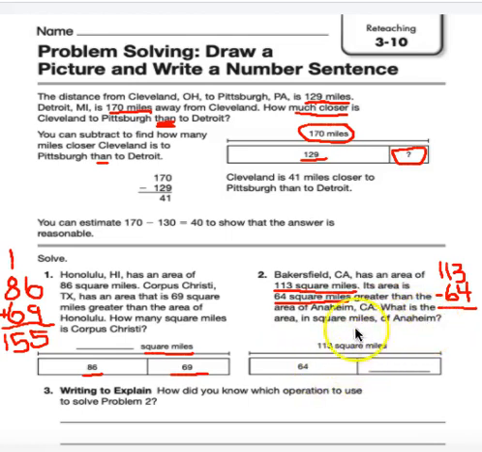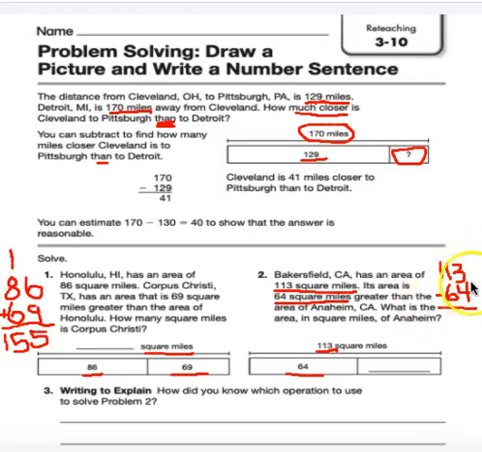So again, they're very nice to give you your problem right here. They give you the 113 on top. They're giving you the whole, and they're only giving you one part. If they give you the whole, that is your key to know that's going to be a subtraction problem. So 113 minus 64.